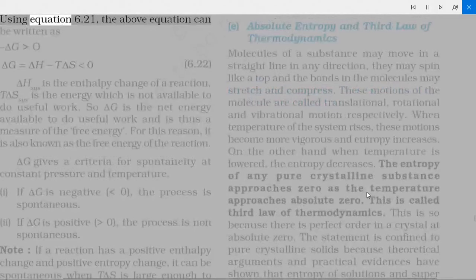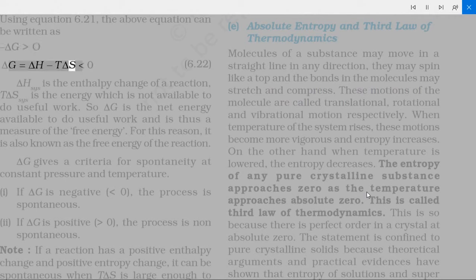Using equation 6.21, the above equation can be written as ΔG = ΔH − TΔS < 0. (6.22) ΔH_sys is the enthalpy change of a reaction, TΔS_sys is the energy which is not available to do useful work. So ΔG is the net energy available to do useful work and is thus a measure of the free energy.